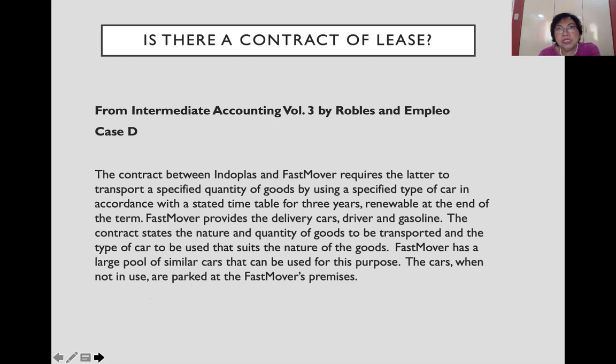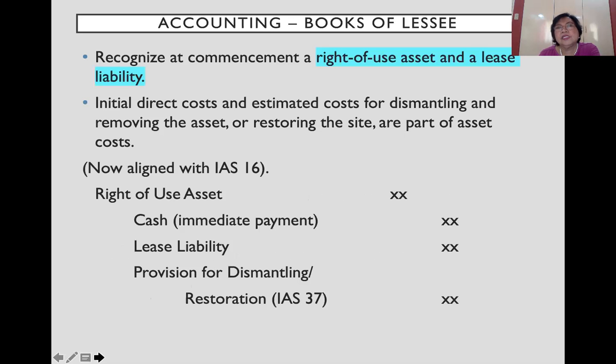Okay, so assuming that the contract contains or is a lease, how do we account for such contract? We are now going to accounting in the books of the lessee. So again, if the contract specifies an asset and the right to control the asset is transferred from the supplier to the customer, then the contract is one of a lease.